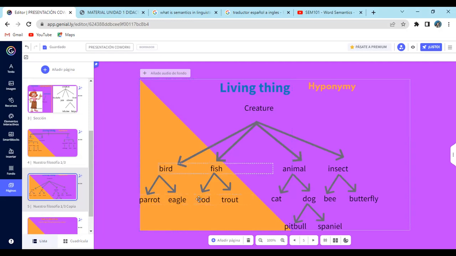Cod is a kind of fish, because we have different kinds of fish. We have different kinds of bear. We have different kinds of dog. So I add it because I am talking about fish. This is a kind of fish.